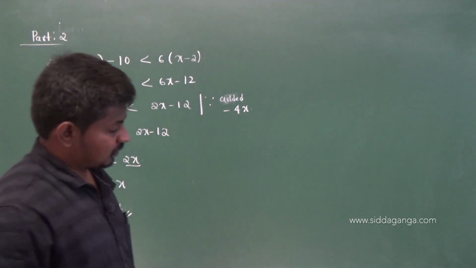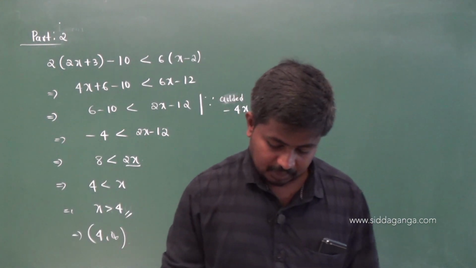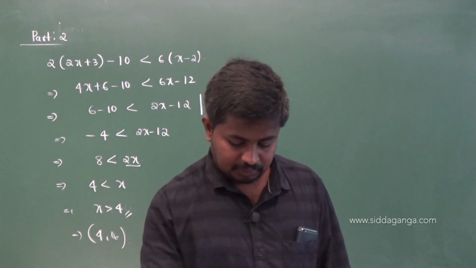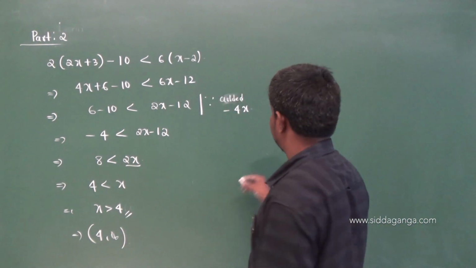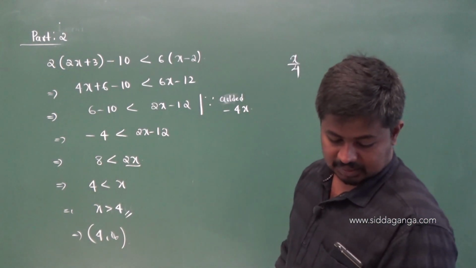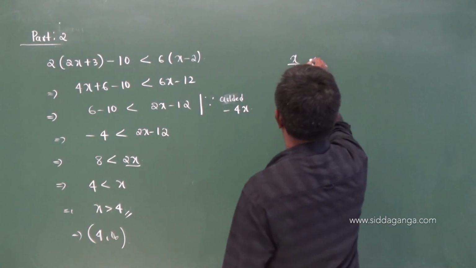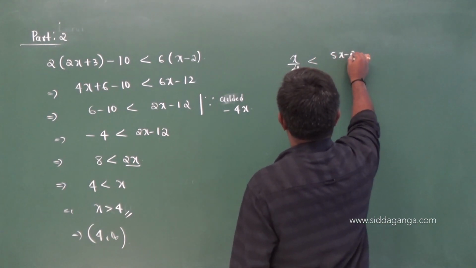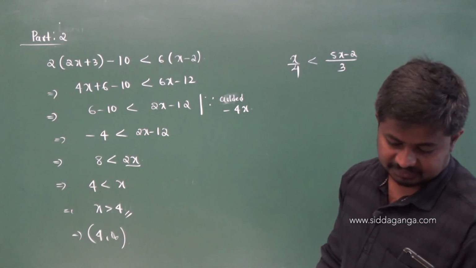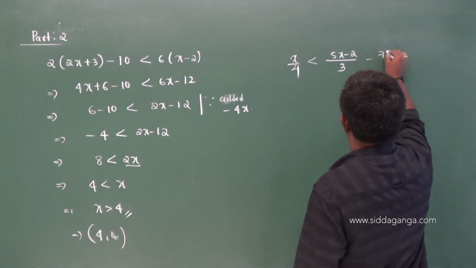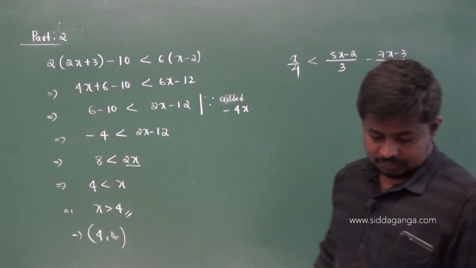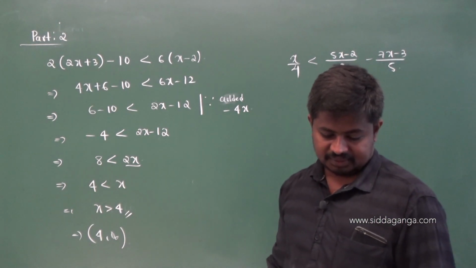Okay, now let's look into some different one. x by 4 is less than 5x minus 2 by 3 minus 7x minus 3 by 5.